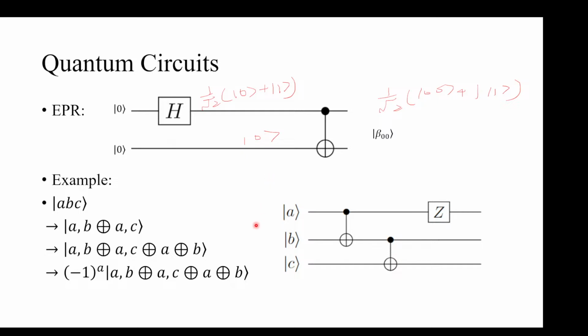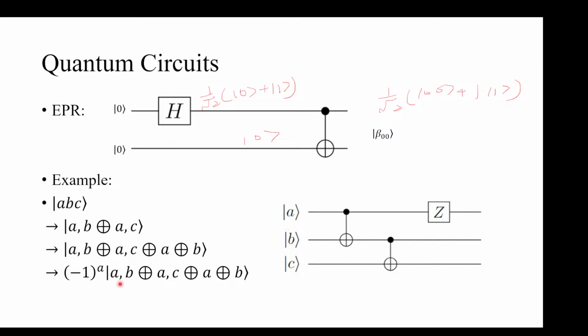And here we have some other example. If you have this weird circuit with CNOT and Z, and you input some computational basis state ABC, then you will first add A to B. You start with ABC, and then the first CNOT makes it A, B plus A, C. Then you do another CNOT, adding the second register to the third register, so it becomes A, B plus A, C plus A plus B. And finally you do a Z gate on the first qubit, so you just have minus 1 to the power A. So you can write down an algebraic expression of what ABC will turn into at the end.